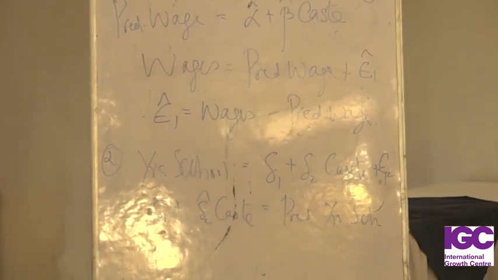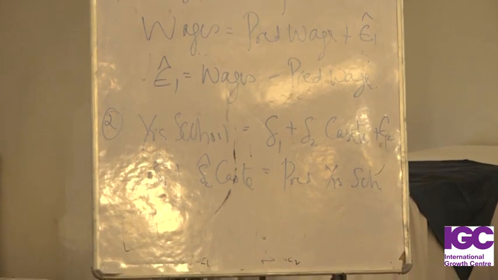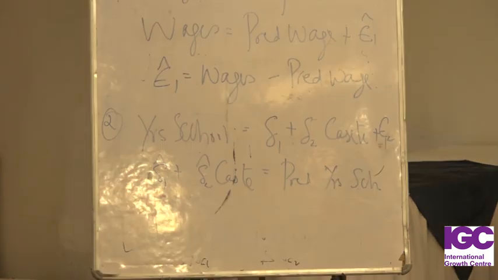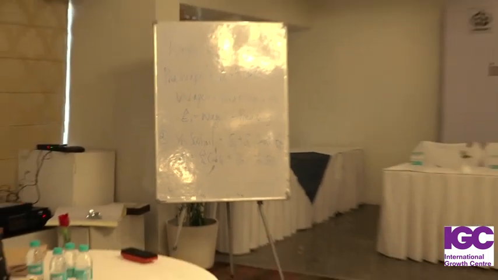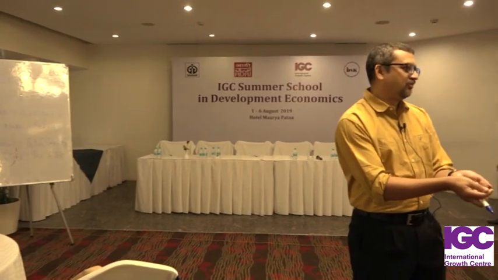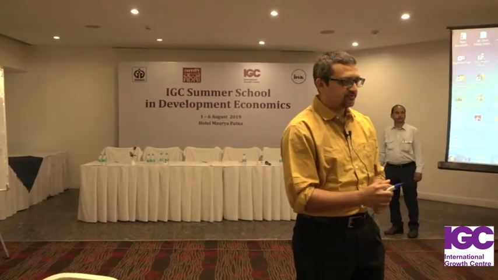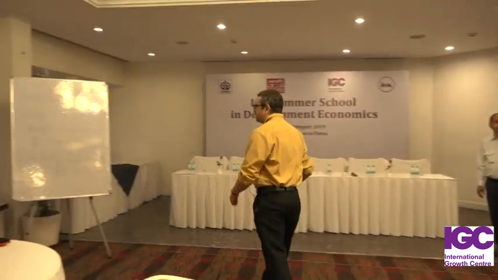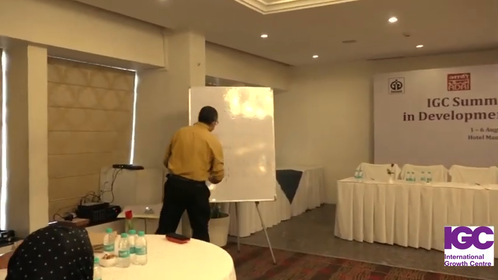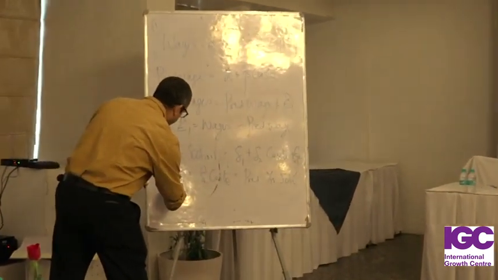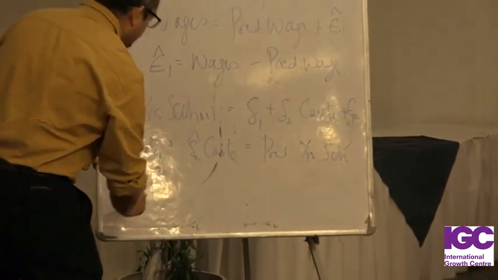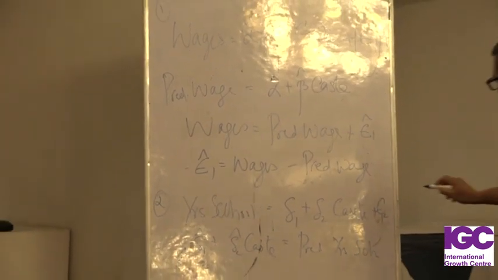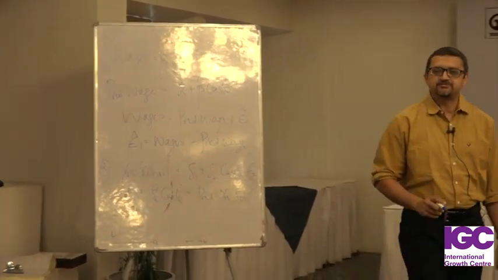These are as predicted by caste. Everyone clear? Right? Clear? So, you give me years of schooling, you give me your caste, I can tell you how much your caste predicts your years of schooling, right. I can run that model, and then just like the one above, you can see that epsilon 2 hat will be, what is the interpretation of epsilon 2 hat? Epsilon 2 is here. Huh? What is the interpretation of epsilon 2 hat?